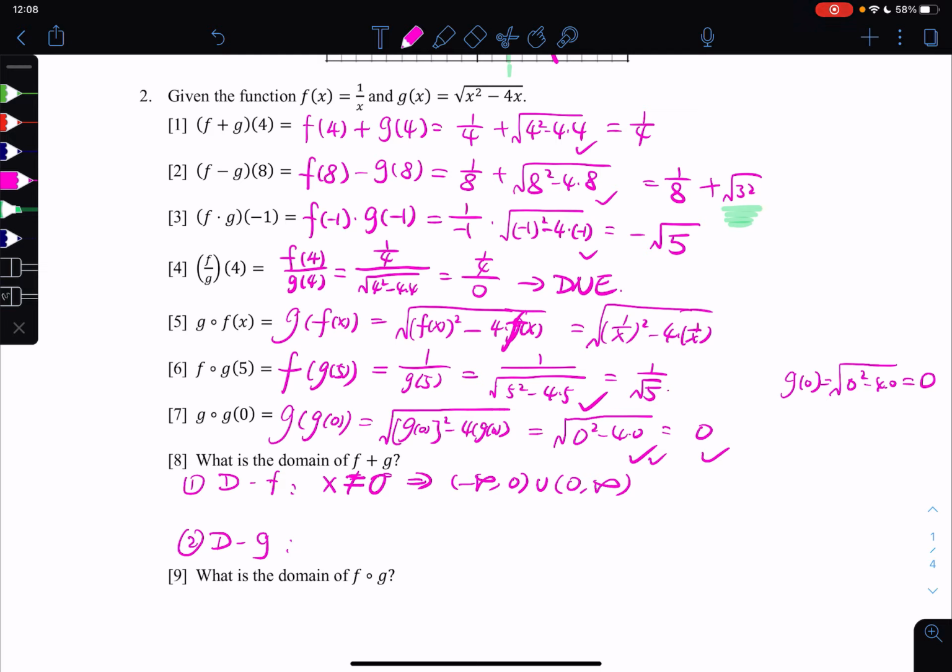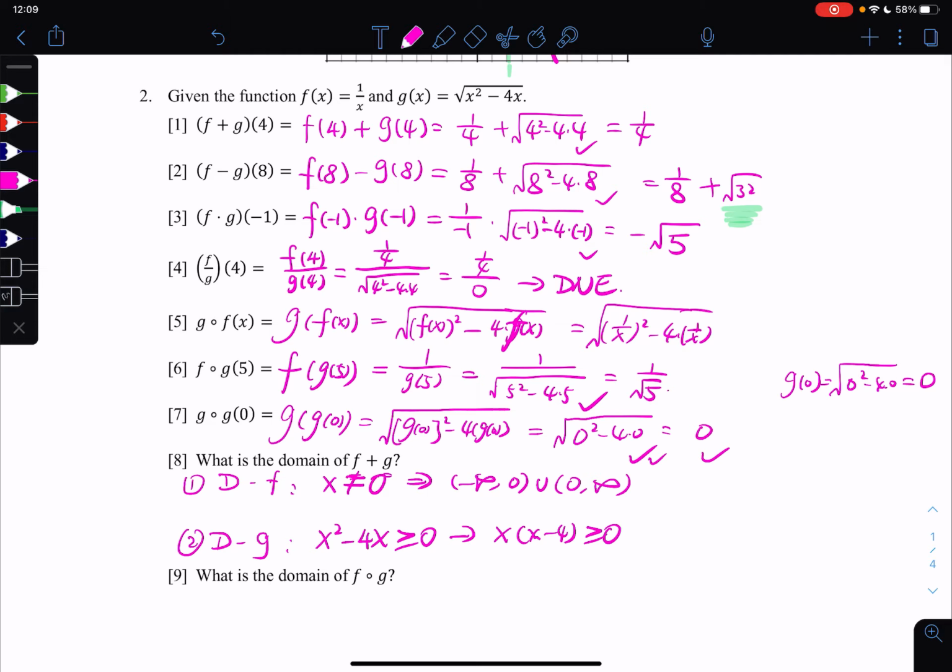The second problem has a square root, so whatever is underneath the square root, x squared minus 4x, should be greater than or equal to 0. So you can factor it, and you should be able to go ahead and use a sign chart to evaluate this. If you still don't know how to use a sign chart to solve inequalities, please go back and revisit our class videos for section 1.1.